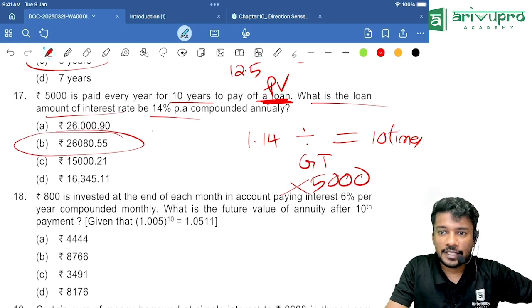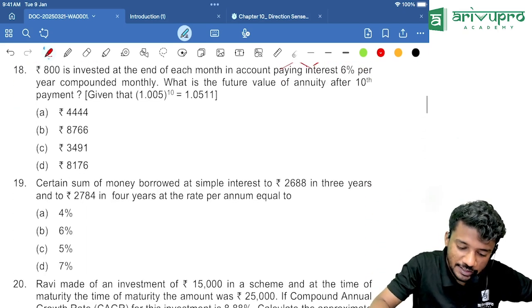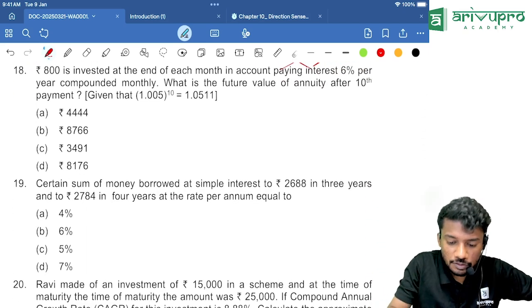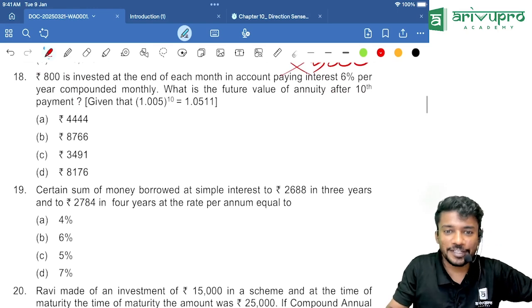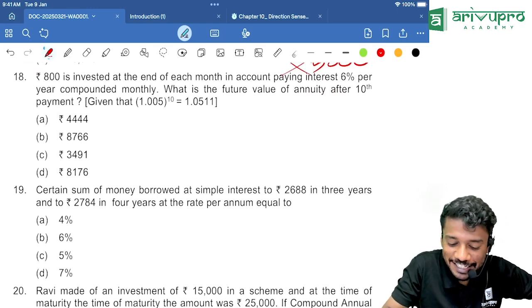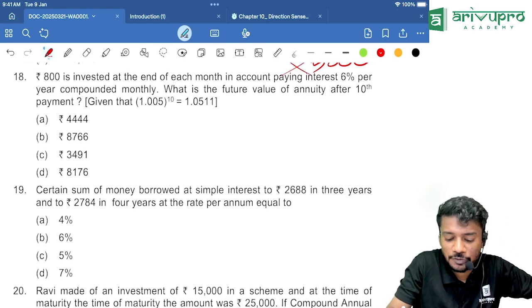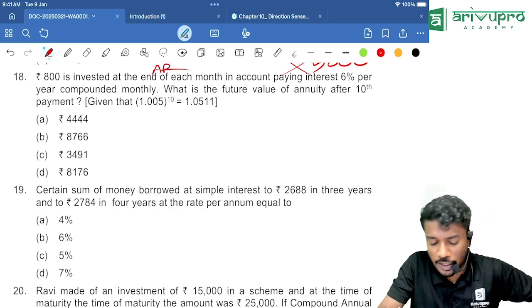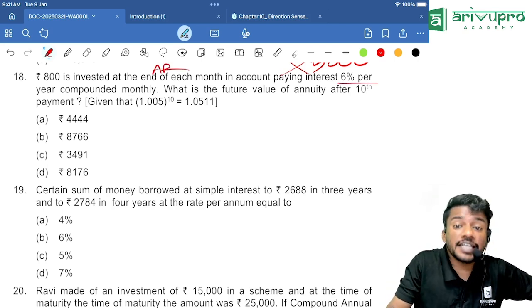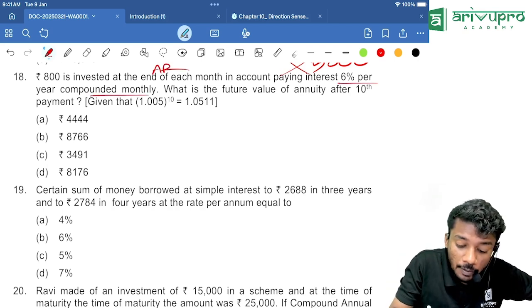Done? Can we go for the next one? 800 is invested at the end of each month. The end of each month means annuity regular. The account pays interest of 6% per annum compounded monthly.